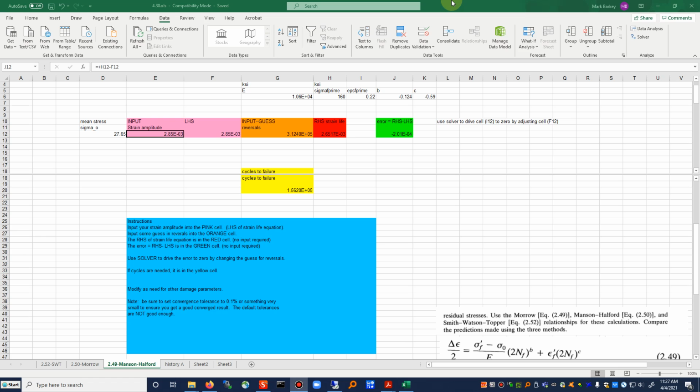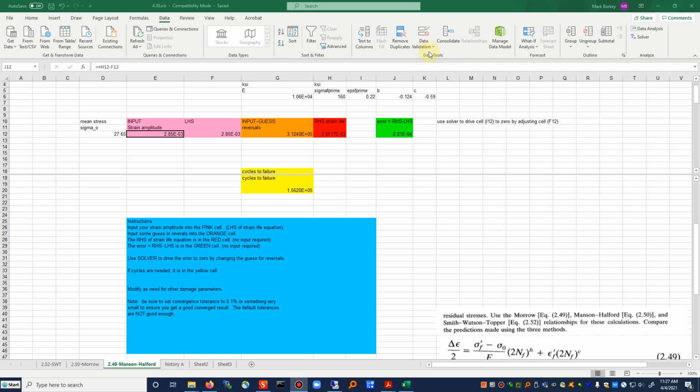All right, let's see if I have all this set up. Now, I had done a previous example, problem 2.38, in which I programmed into Excel the Manson, Halford, Morrow, and Smith-Watson-Topper damage parameters, equations 2.49, 2.50, and 2.52 out of a Bannantine book, respectively.